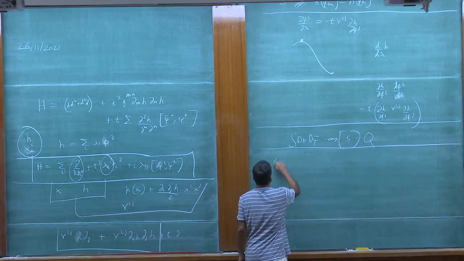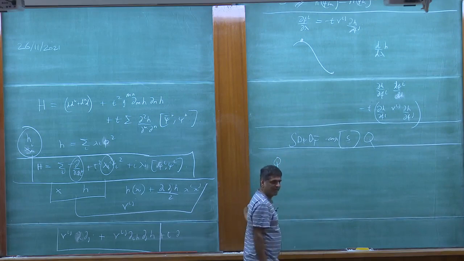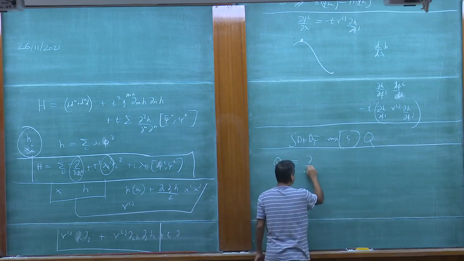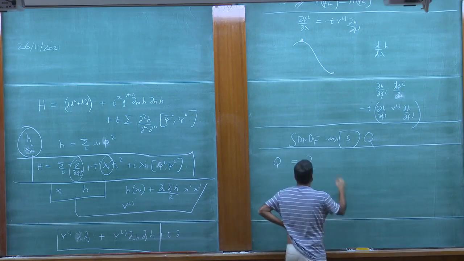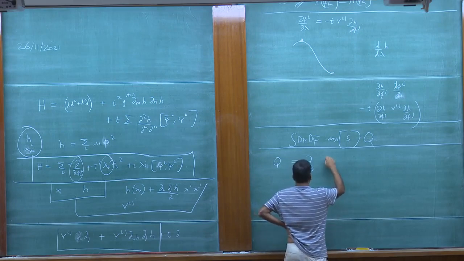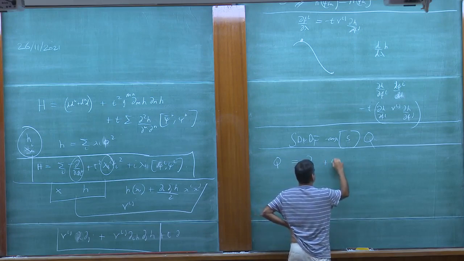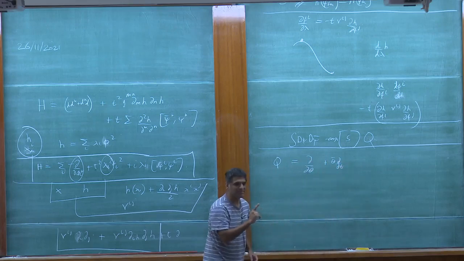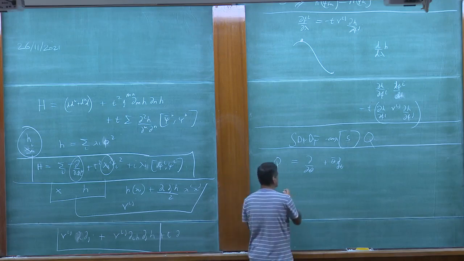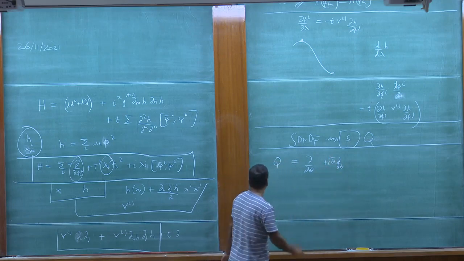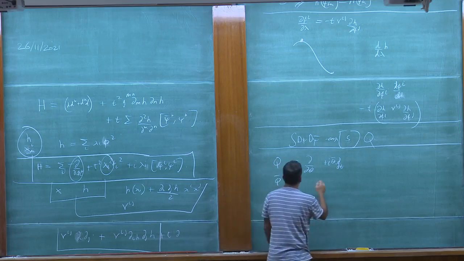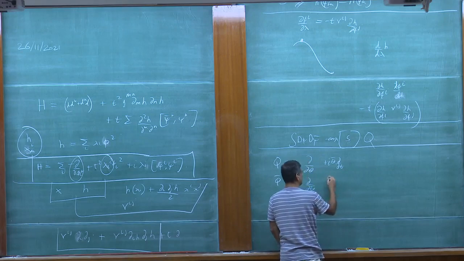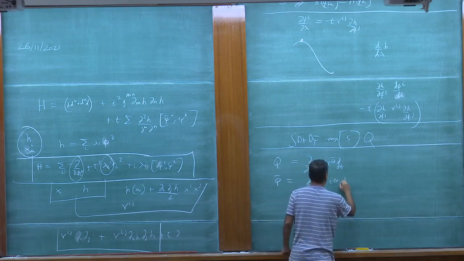If you remember, our Q operator was implemented in superspace by del theta plus i theta bar del t. And Q bar was equal to minus del theta bar plus i theta del t.